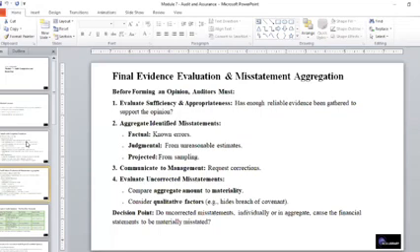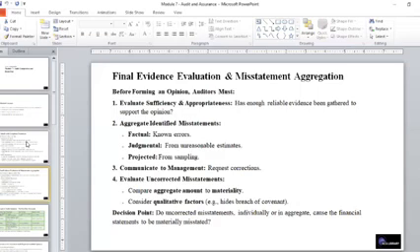Also, he must aggregate identified misstatements, whether they are factual, that is non-error, judgmental, from unreasonable estimates, or projected from sampling. And also, he must communicate to the management and evaluate uncorrected misstatements. You need to evaluate all uncorrected misstatements, and under this, he compares aggregate amounts to materiality and considers qualitative factors like breach of covenants.